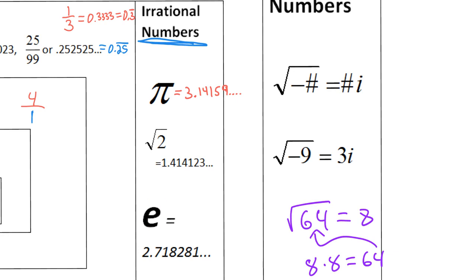Well, E, same thing, it has a value. And the value of E is 2.718281, and it keeps going and going. Well, this one is irrational because the decimal keeps going and it never stops, and the numbers are not repeating. There's no pattern. So it is irrational.